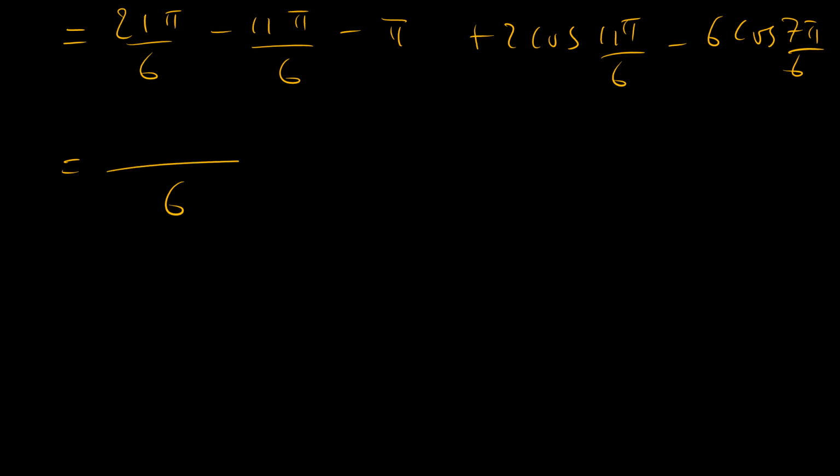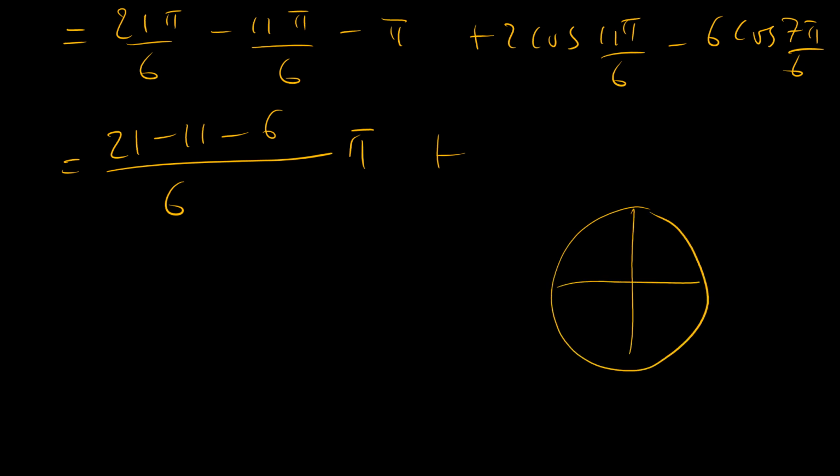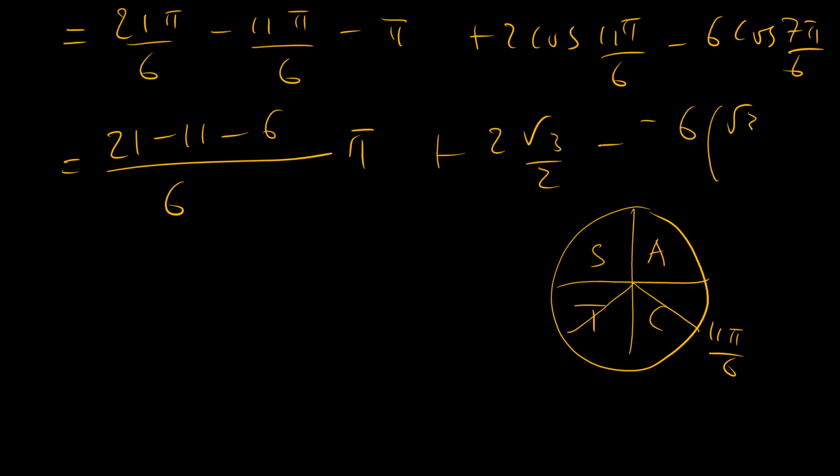So this becomes 21 minus 11 minus 6 pi, plus cosine, so back to our quadrant. This is all, this is sine, this is cosine, this is tangent. So 11 pi over 6 is there, so this becomes 2 root 3 over 2, and 7 pi over 6 is here, so this becomes minus 6 root 3 over 2.